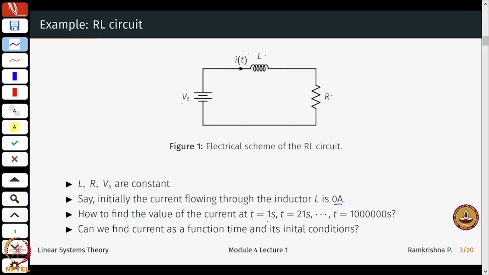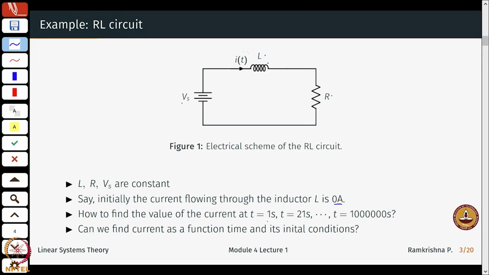And what will one expect it to be a function of? Well, the current will definitely be a function of the system parameters. It will also depend on its own initial condition, and of course, it will depend on what the input is.